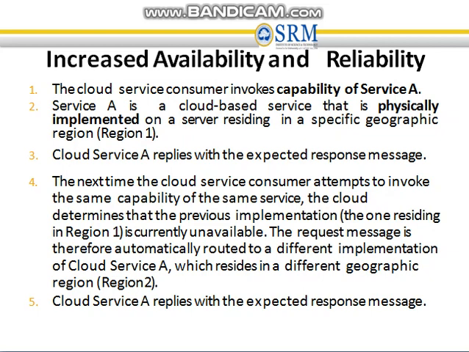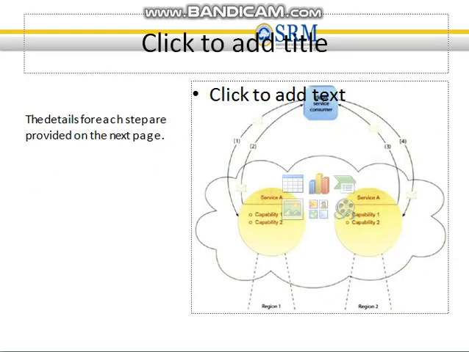So whenever there is a service provided from the cloud, service A is accepted and available, and when it is not, it automatically resumes its normal operation. So based on the usage, there is increased availability and reliability.